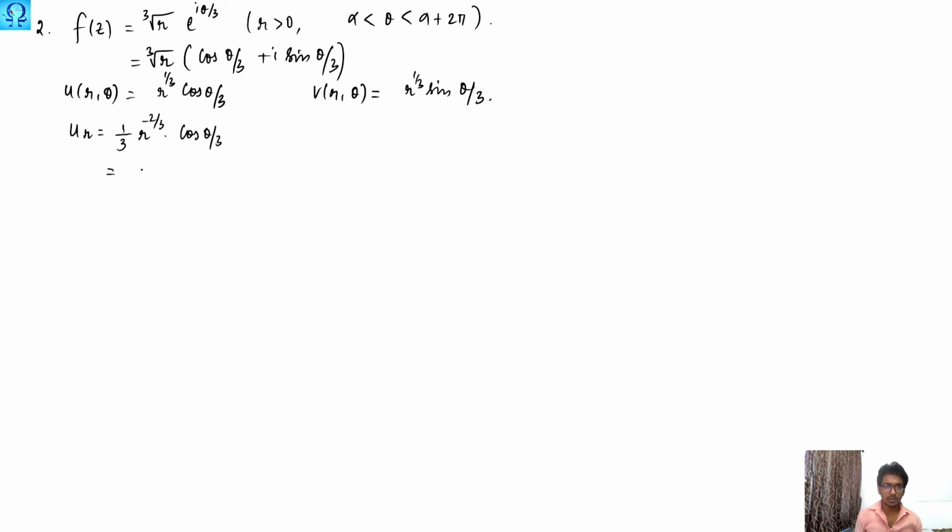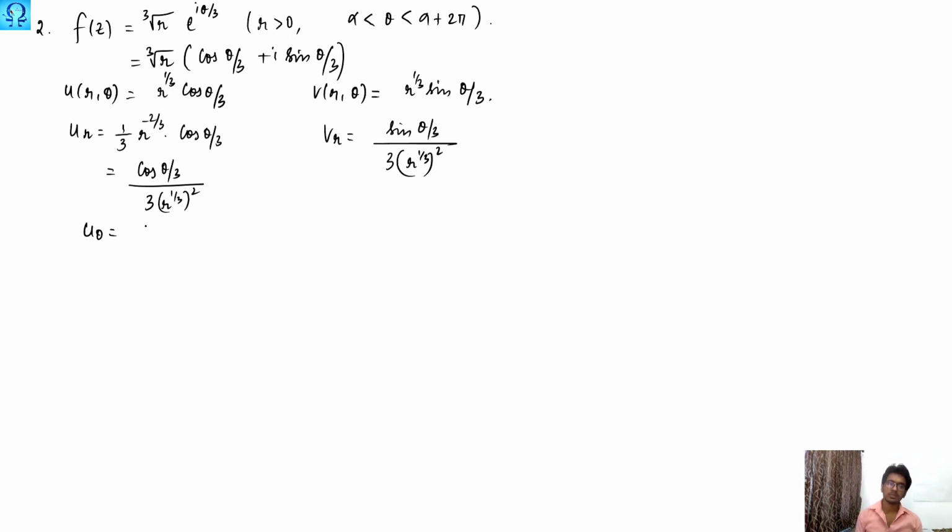So we write 1 upon 3 times r to the power 1 upon 3 whole squared in the denominator. And similarly here your v_r would be sine theta upon 3 upon 3 r to the power 1 upon 3 whole squared. So this is going to be a similar kind of thing. That is why I have skipped the steps.